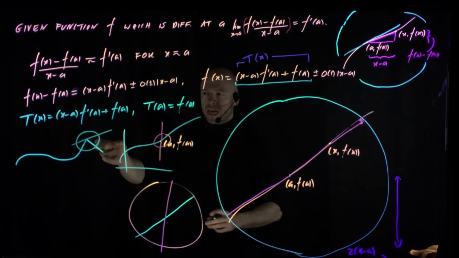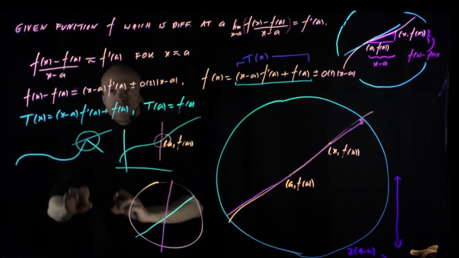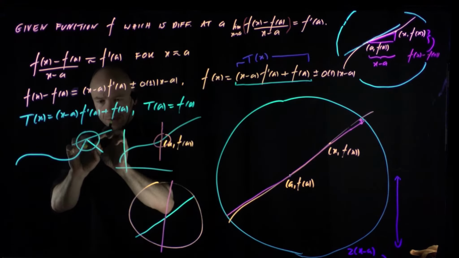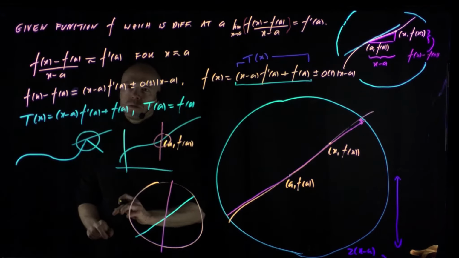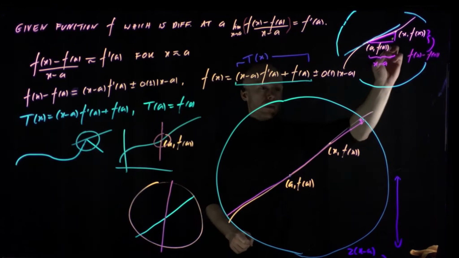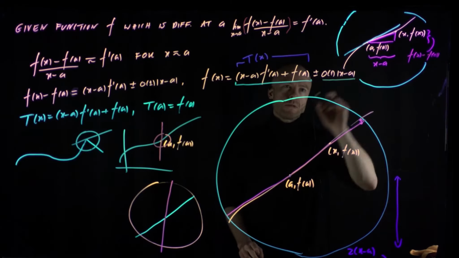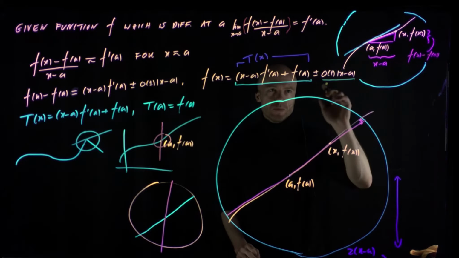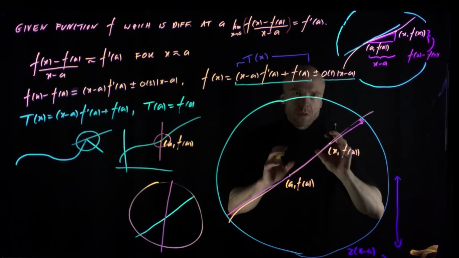No matter how you blow this up, it's always going to look more or less like this. It's never going to get small. The error between the line and the graph is never going to get small compared to the radius of the ball. Whereas here it does. And again, it's because of this. It's because this is small compared to the radius of the ball, compared to the scale that we're looking at.